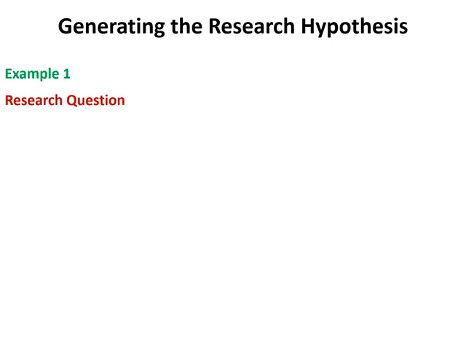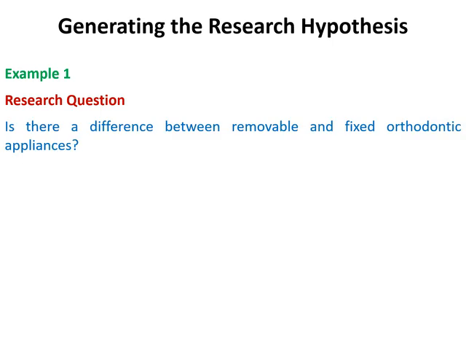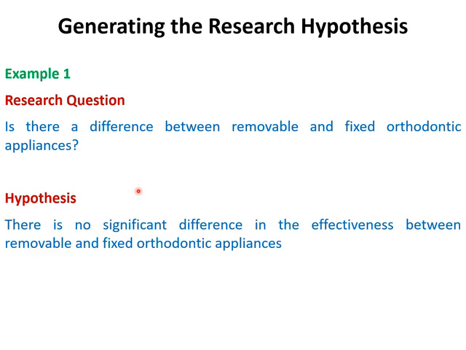If I want to change the previous research question into a research hypothesis, the question said that there is a difference between removable and fixed orthodontic appliances. In this case, the hypothesis can be stated like this: there is no significant difference in the effectiveness between removable and fixed orthodontic appliances.